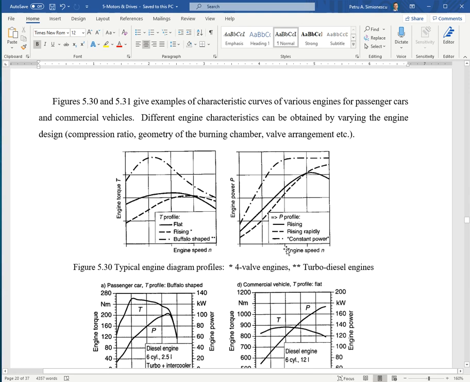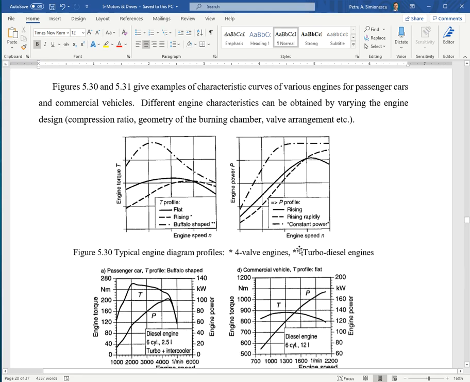You seldom, or you don't, operate an engine full throttle for too long because it can damage its components. But yeah, you can see flat, rising, this one in buffalo shape, and this is a constant power shape, sometimes influenced by a governor.